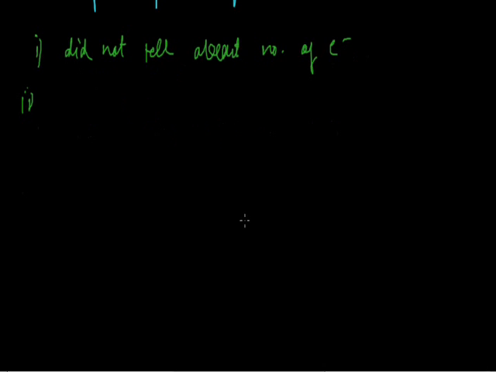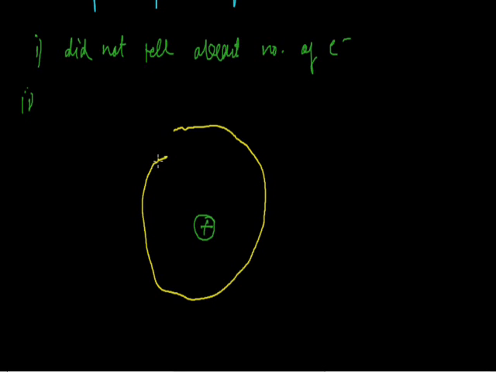Here we can see this also. So this is the nucleus, and around this nucleus there are electrons revolving. Now suppose this is an electron revolving in this circular path. Now we know that electrons have negative charge, and in the center there is a positively charged nucleus.